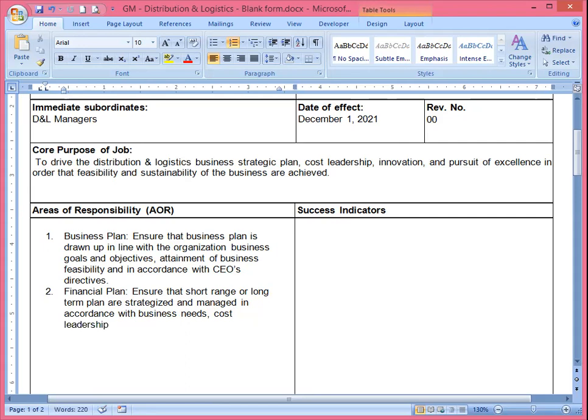Cost leadership. What else? Let's say cost leadership principles, and viability of the operations, as concurred with the CEO.